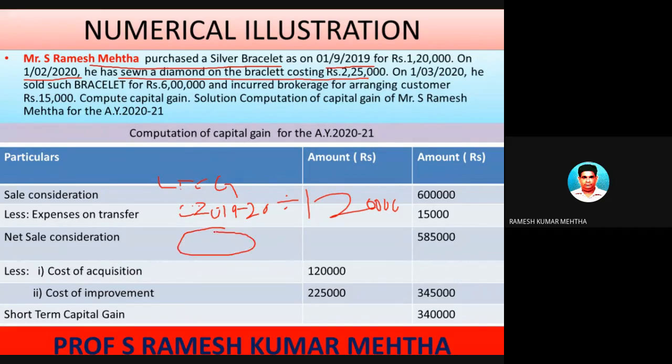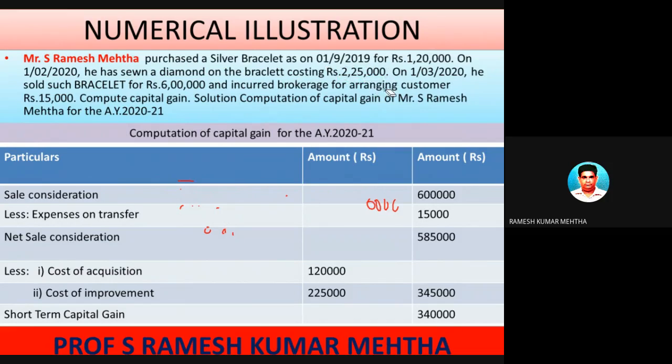So the total value of this particular bracelet, including diamonds, is 1,20,000 plus 2,25,000, which is 3,45,000.